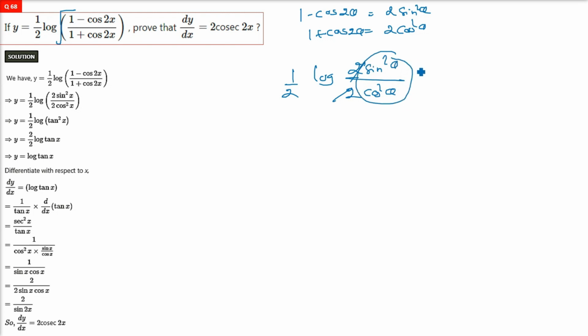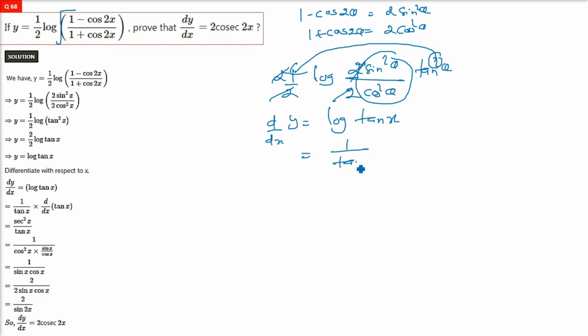So you have log sin square theta by cos square theta, that is tan square theta. Now when we have a power with log, this power comes in front. So this 2 has to be taken in front. So 2 by 2 gets cancelled. You get log tan theta. So y equals log tan x. This is what you have to differentiate now. So the simplification has been done using all the knowledge we have with respect to trigonometry.